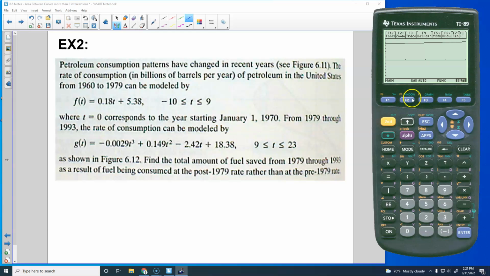Alright, so when you do zoom fit, go to your window. Let's go -10 to +23 here. Yeah, it looks pretty good. You can do the Y one to like 85 and get away with it.